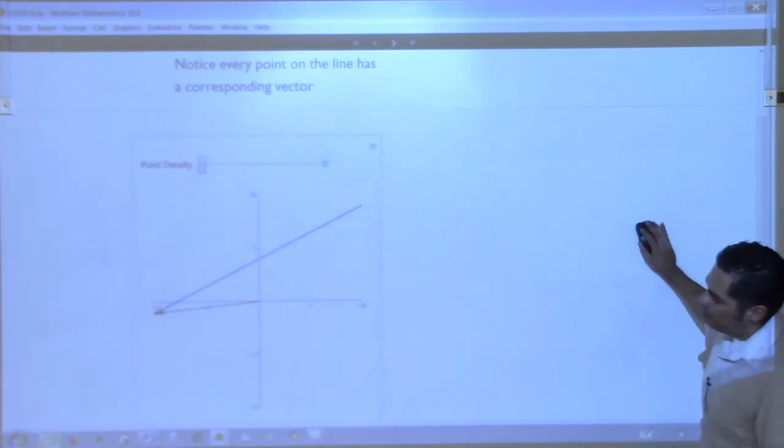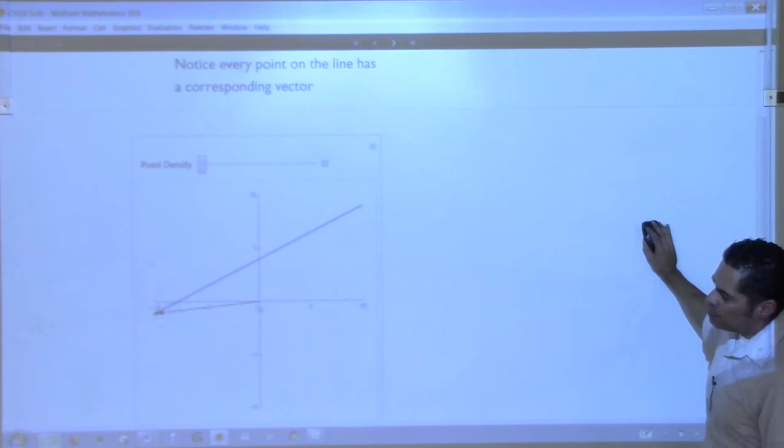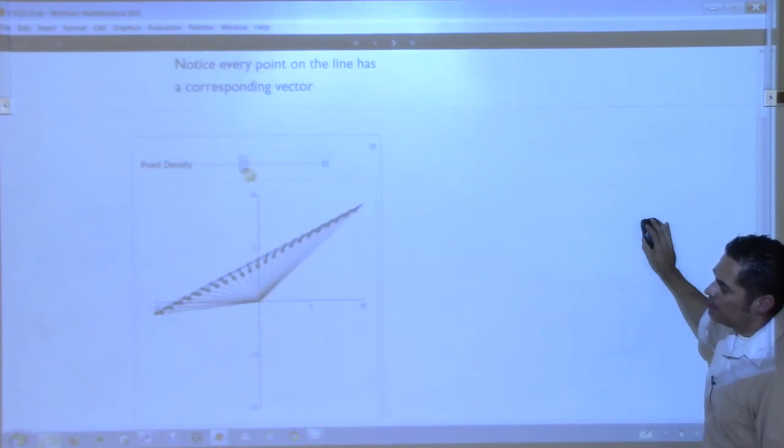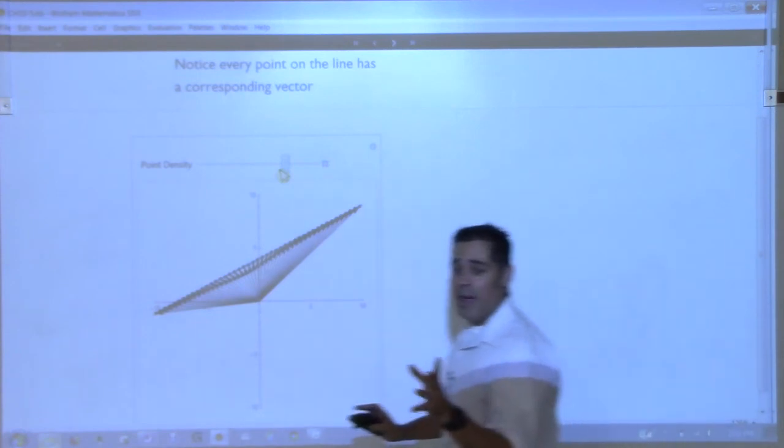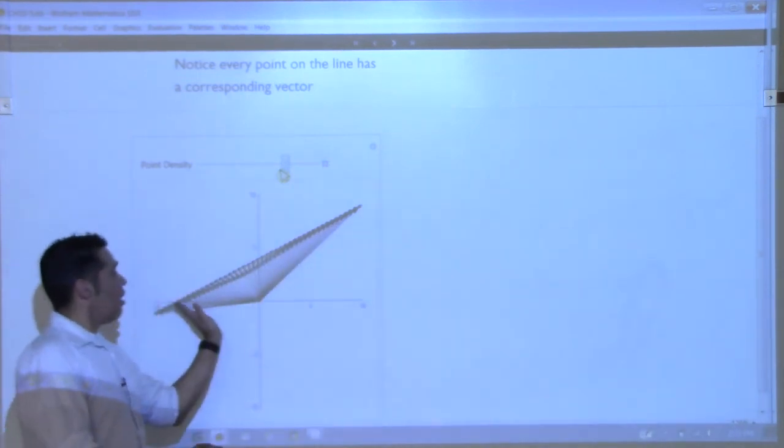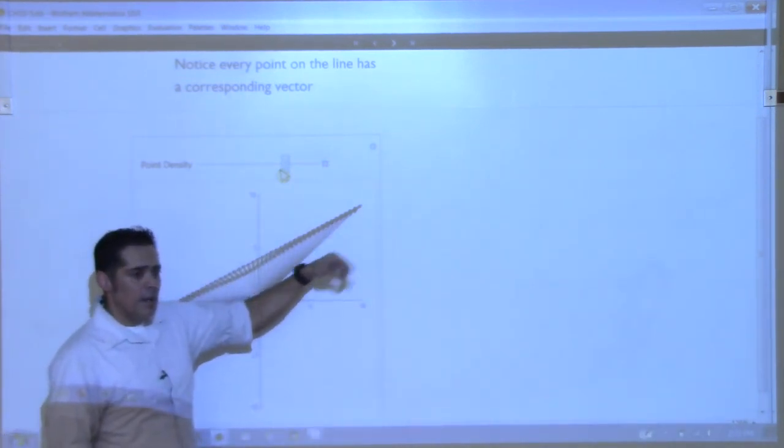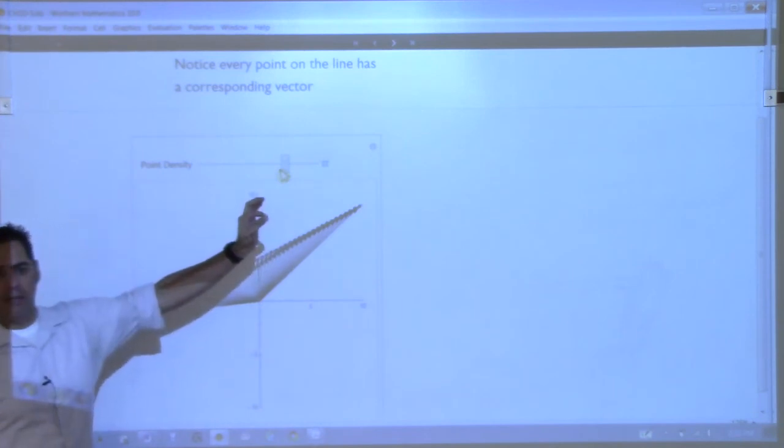So imagine that for this line, I have one point down here. There's a vector that goes from the origin to that point, right? There's some vector that goes there. And for every point on that line, there is a vector pointing to every point on that line, right? So if I can come up with a way to draw all these vectors, I'm essentially drawing the line.